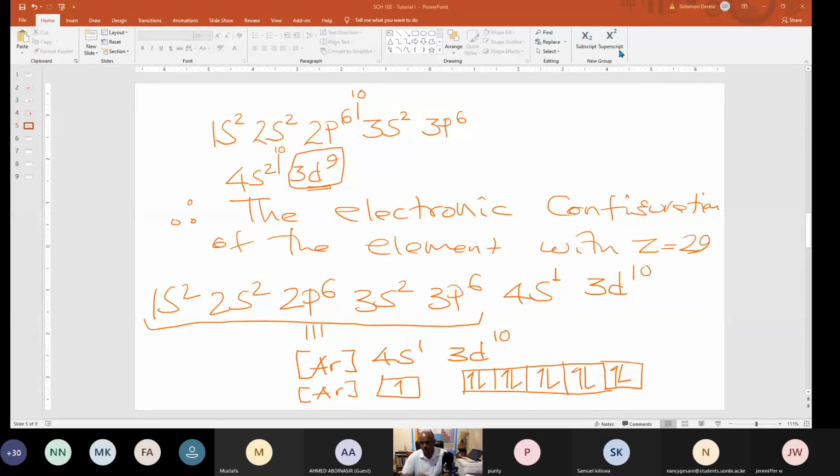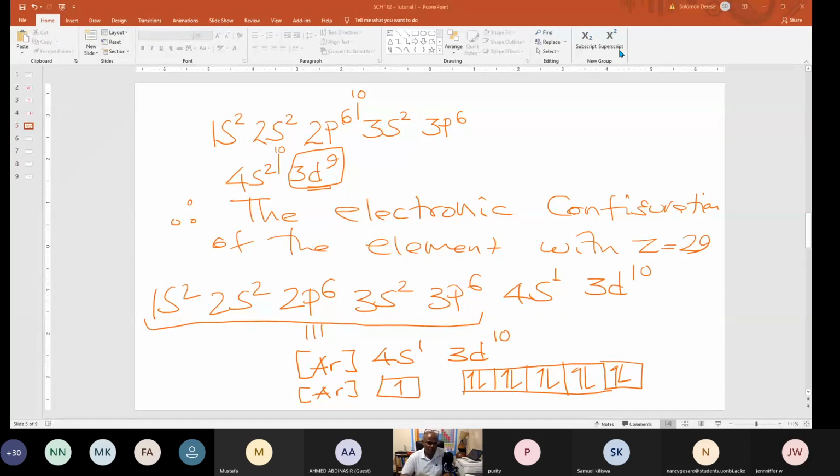But for me, it is very important that at least you know the shells, subshells, and orbitals in which electrons are found. Because at the end of the day, it is this arrangement of electrons, particularly the valence electrons, which is going to tell us, first of all, whether the bonding is going to be covalent or ionic, and also if they are covalent, what electrons in which orbitals are going to overlap when that covalent bond is formed.